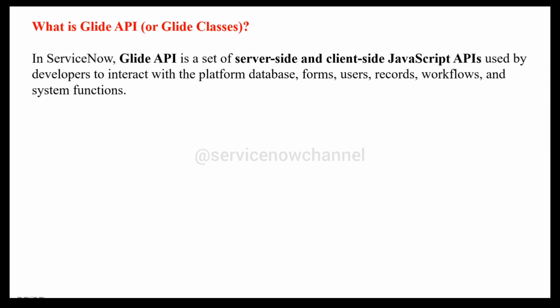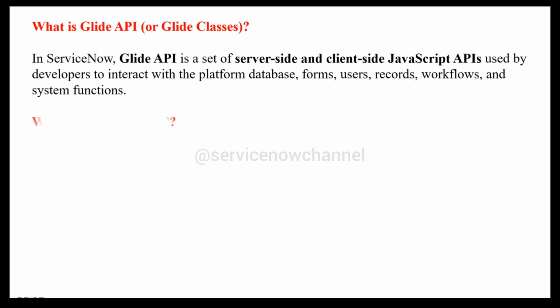Like if a user needs to interact with the platform database or forms, users, records while developing, they will use Glide APIs to interact with those, like platform database, forms, tables like that.